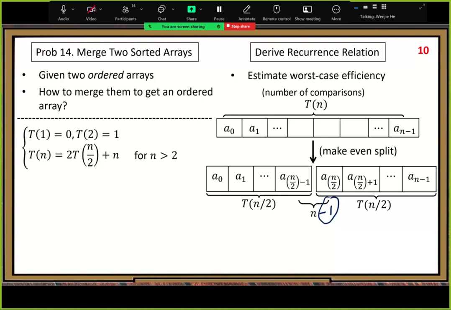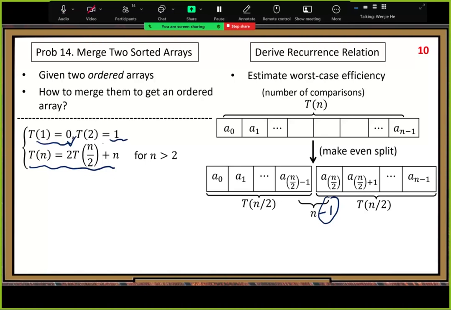The base case: if the array has 1 element, we do not need to do any comparison, so it's 0. When we have 2 elements, we need to do 1 comparison. So 2 base cases. After that, we get a recurrence relation. To sort the whole array with T of n comparisons, by divide and conquer, we need to sort each subarray.